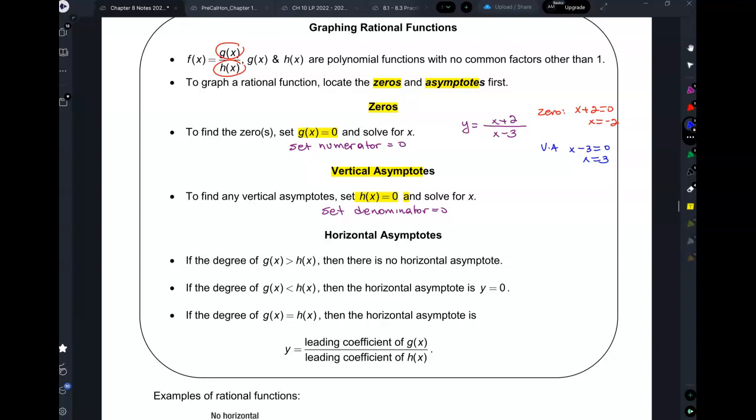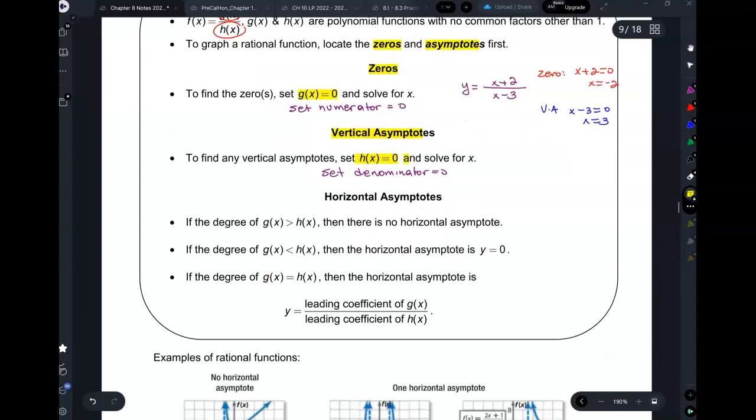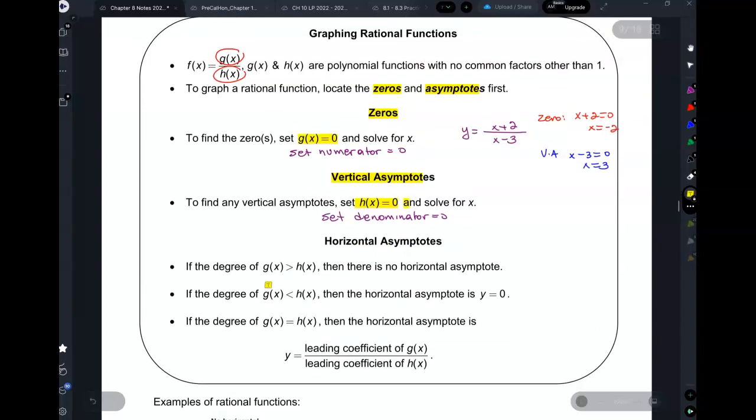Horizontal asymptotes. How do we find a horizontal asymptote? Now this is a different situation. What you have to do is, again, treat the numerator and the denominator as separate functions, and you have to compare the degree in the top with the degree in the bottom. What is the degree of a polynomial function?